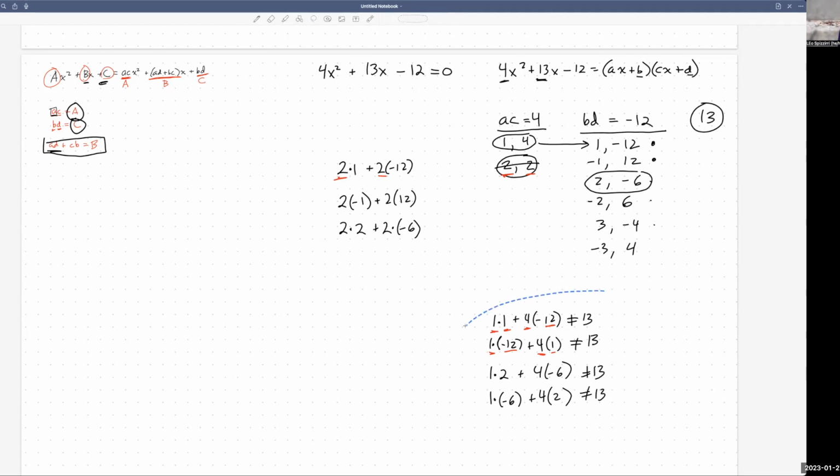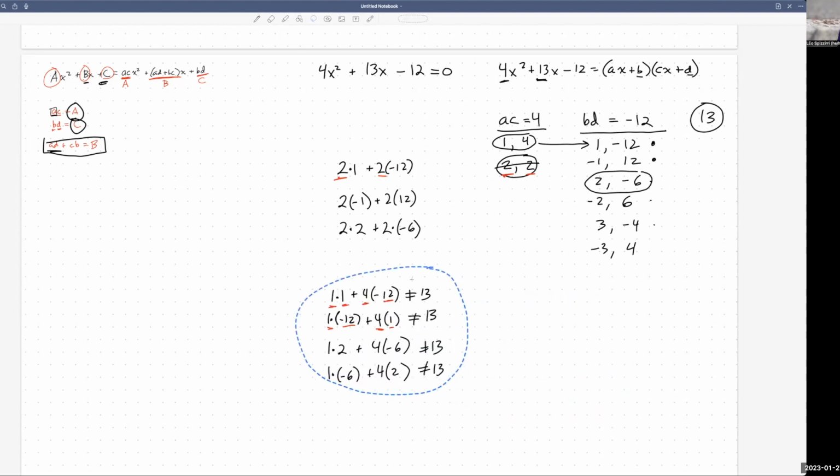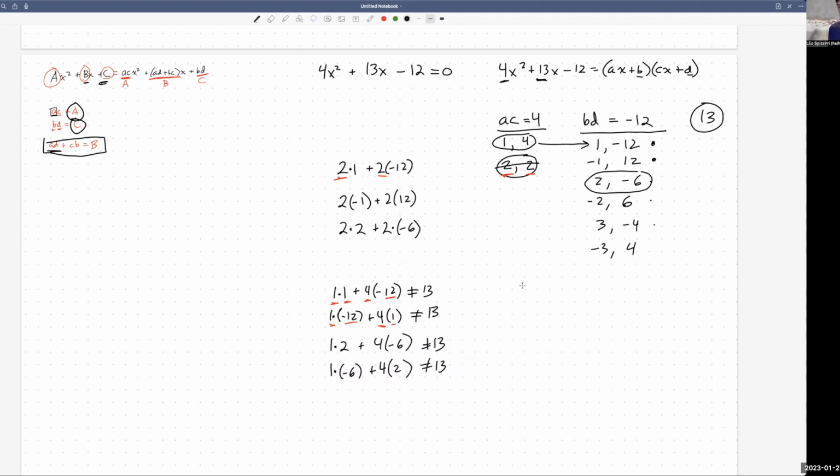Again, I'm going to move these out of the way. I'm going to look at these last two options now, starting with the first one. We've got 1 times 3 plus 4 times -4. If you notice, 3 minus 16 is -13.